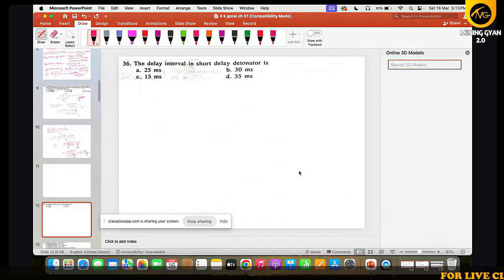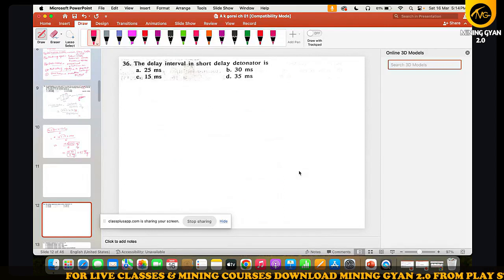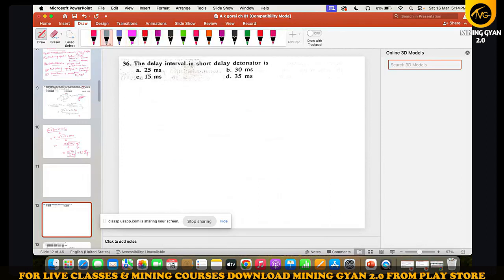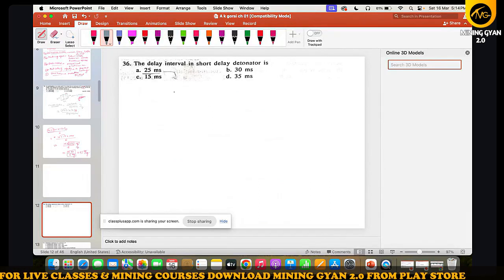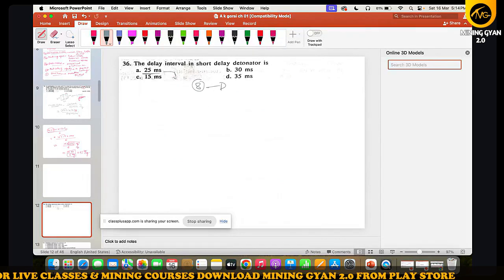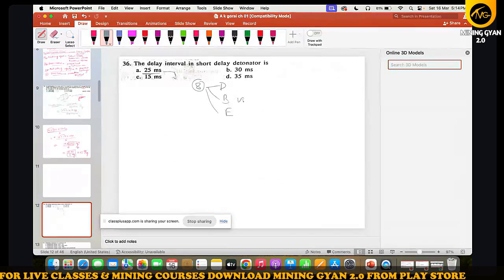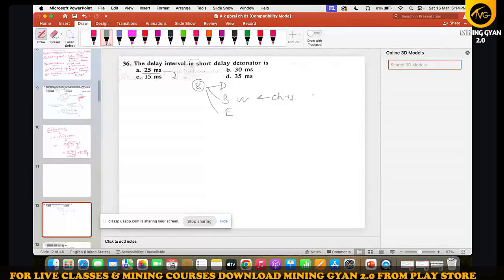The delay interval is short. Ravinder ji, if they give us the diameter of the hole, then we will find out; this type of example we will definitely solve. If the diameter is given, we will find out the volume of that hole and multiply with the number of drill holes. Look, I told you, you should go and read chapter 8, because in that chapter they have mentioned drilling, blasting and explosive, and we already covered it in chapter 1 of AK Gorai.